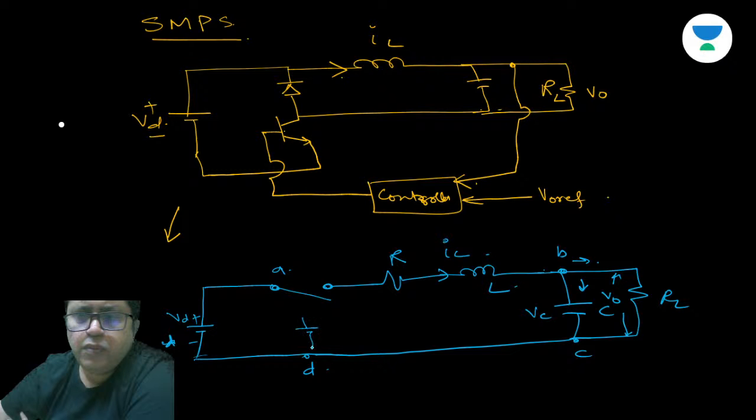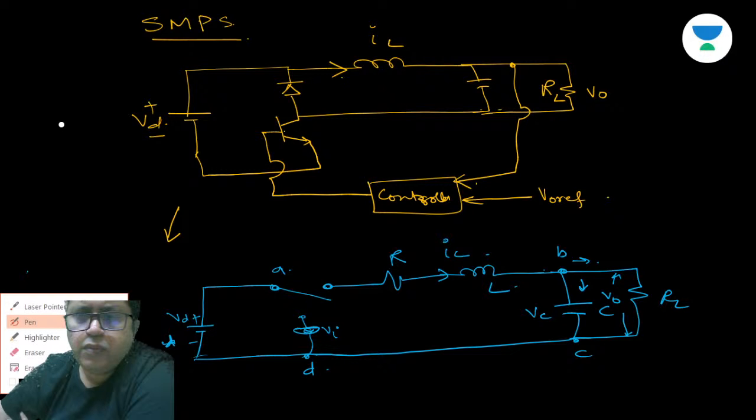So this is VI, or simply VI. So how would VI be? Let us see. This is VI. This is T, this is T on, this is T off.